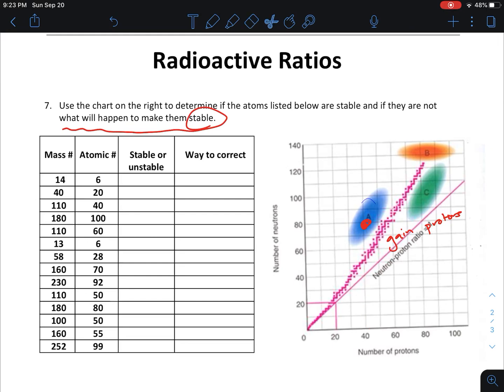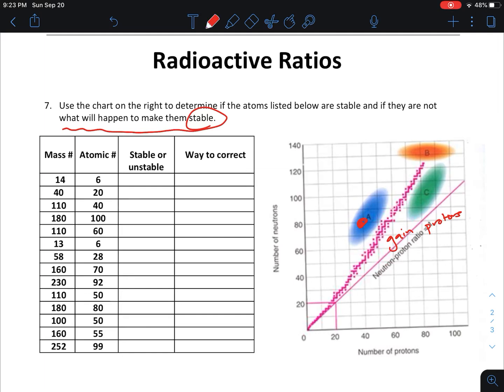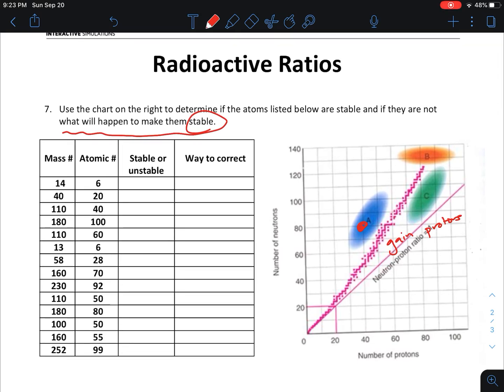So if I gain protons, it would look like that, or if I lose neutrons, it would kind of go that way. So if you're in this range, you could gain protons. Gain protons or lose neutrons would get you to the realm of stability there.